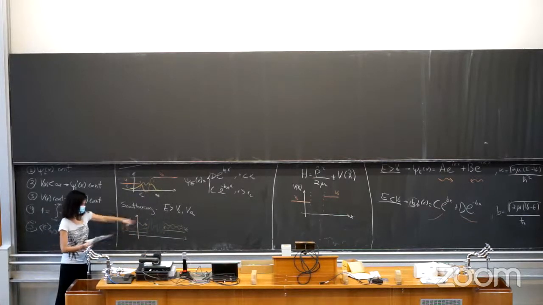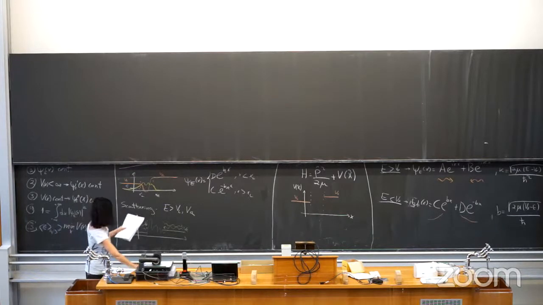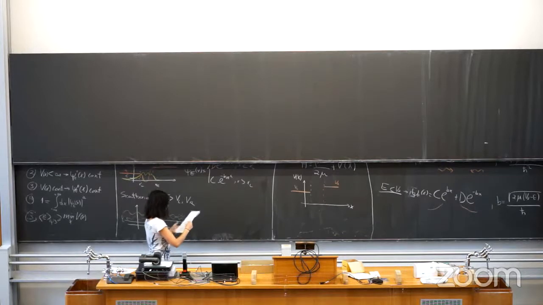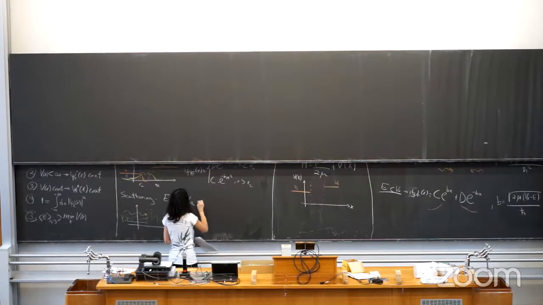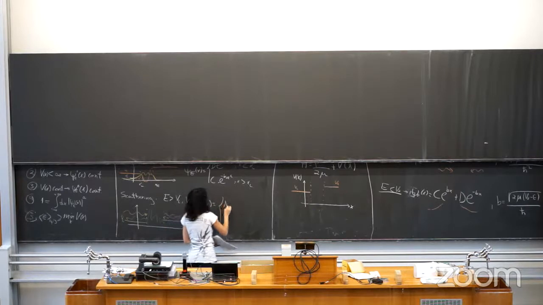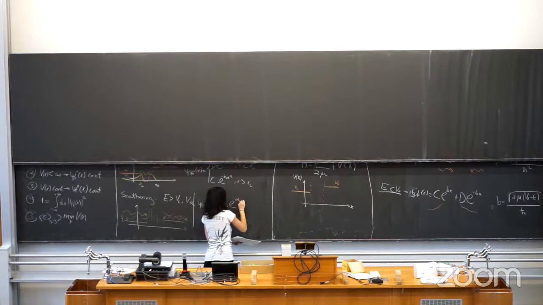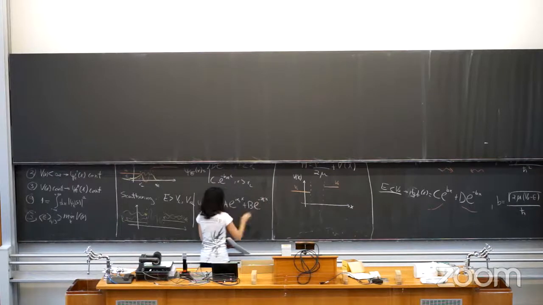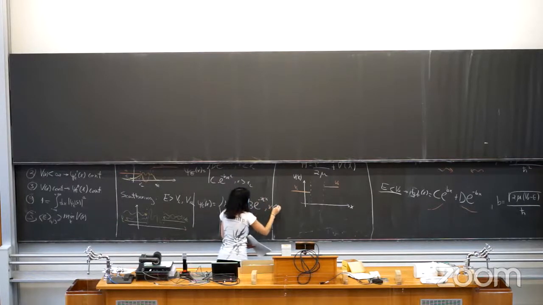So let me just write what we have. In general, we have A e^{i k_L x} plus B e^{-i k_L x} for x smaller than this limit.